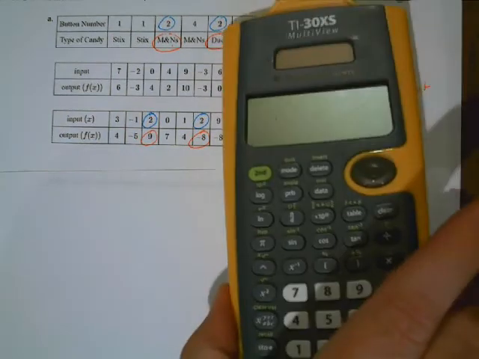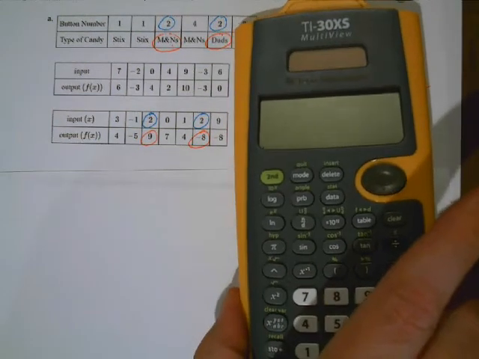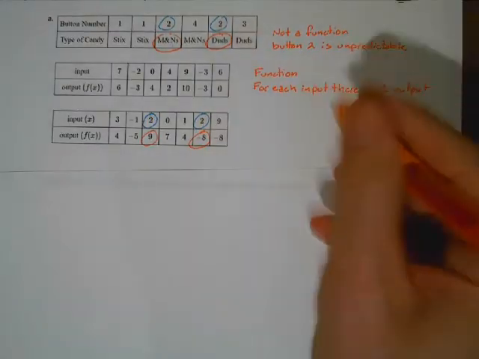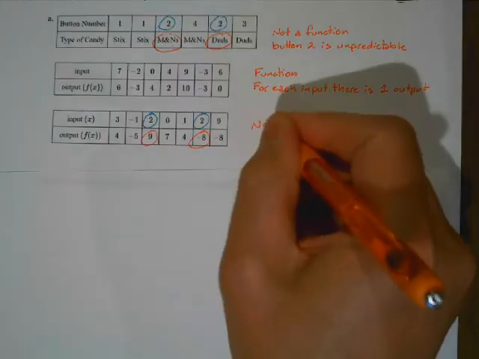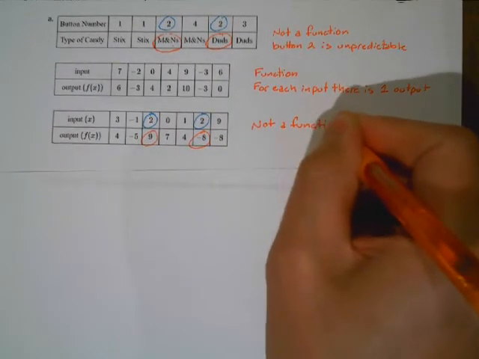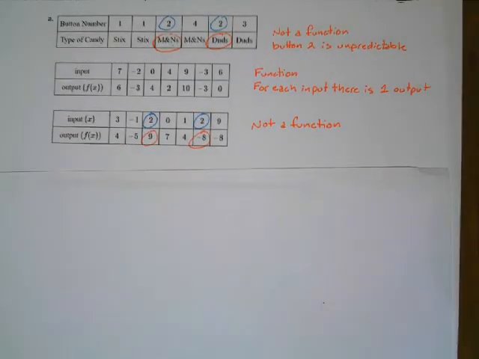It's like plugging something into a calculator twice and getting 2 different answers. It's unpredictable. It's not quite as useful as you would hope it'd be. So we would say not a function, because when you plugged in an input of 2, you got 2 different outputs.